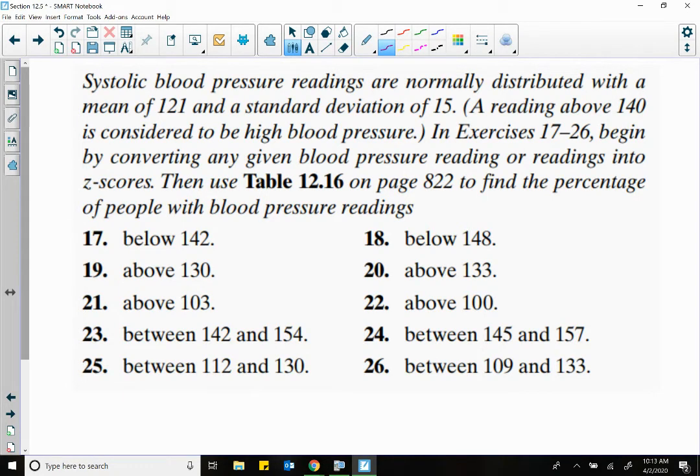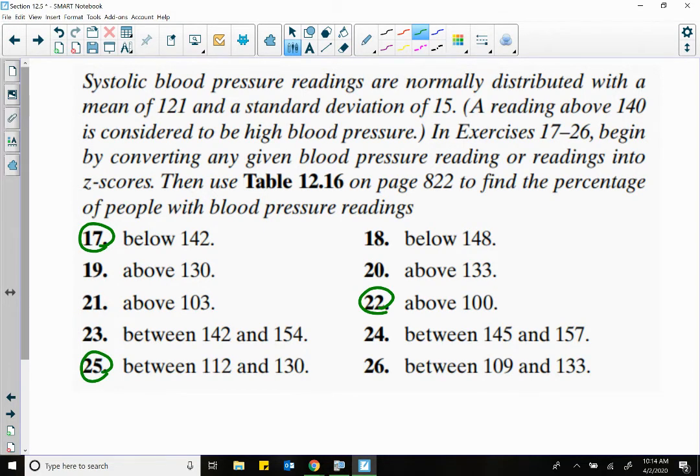Okay? So I'm going to look at one of each kind. Let's just take this one, 17. Let's take 22. And let's take number 25.